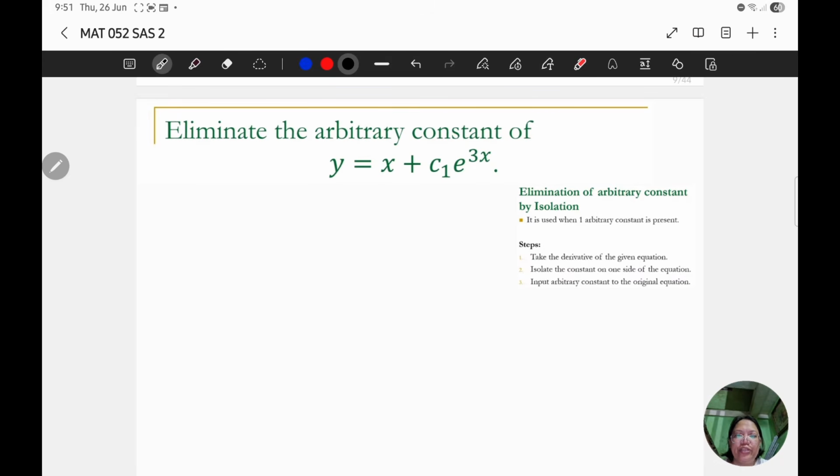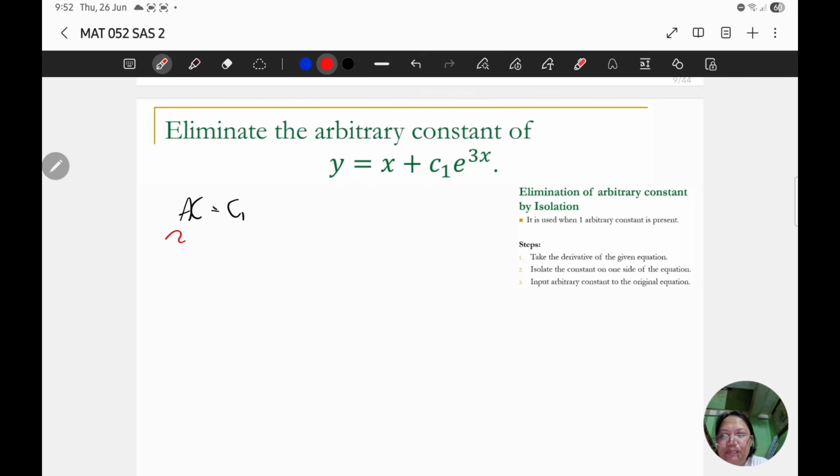Example, eliminate the arbitrary constant of y equals x plus c sub 1 e to the 3x. Our arbitrary constant here is c sub 1. Since there is only one arbitrary constant, then we will use the method by isolation.